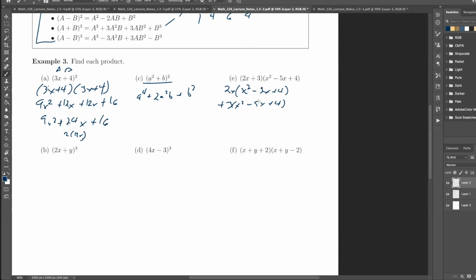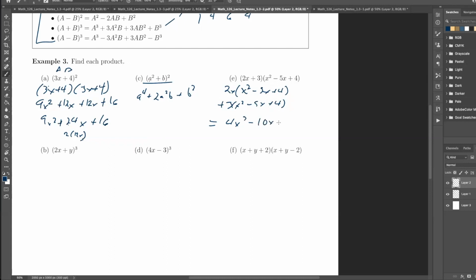All right, so here we have to deal with this. So I'm going to do another step beyond this. I'm going to just go ahead and put this in. So this will be 2x cubed minus 10x squared plus 8x.